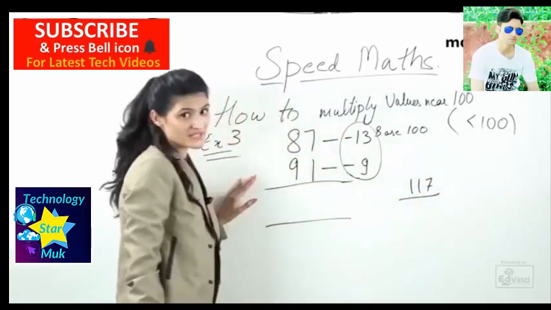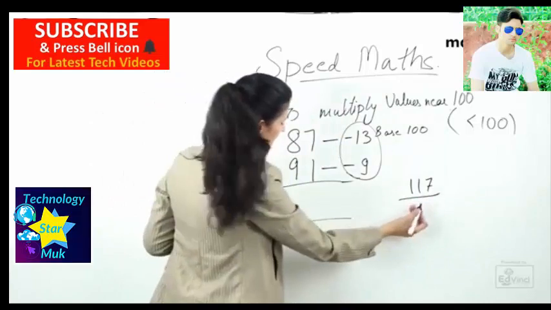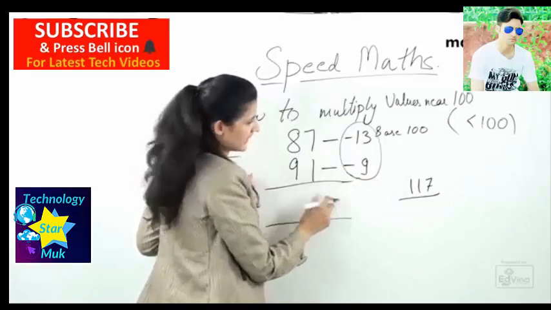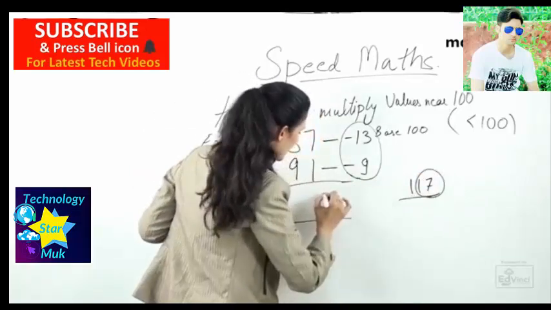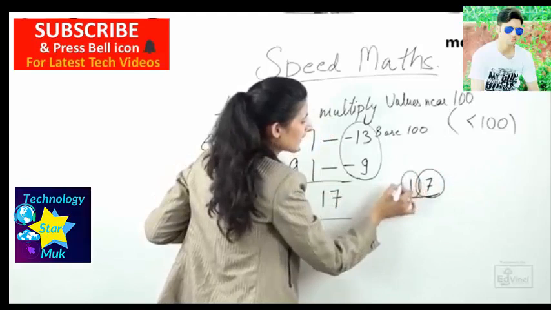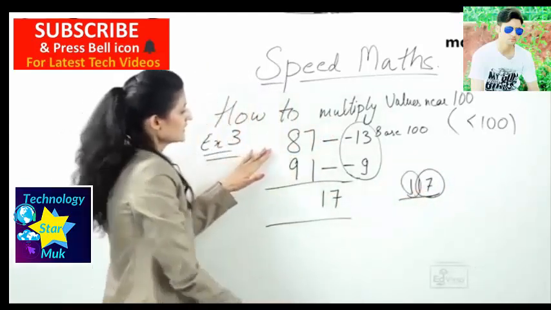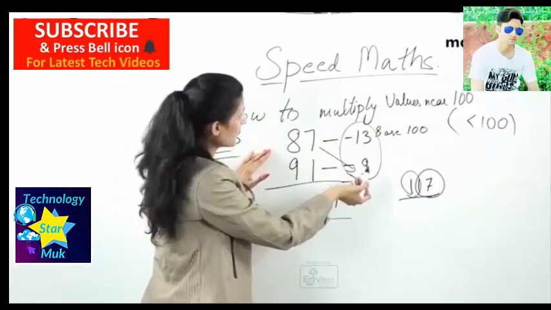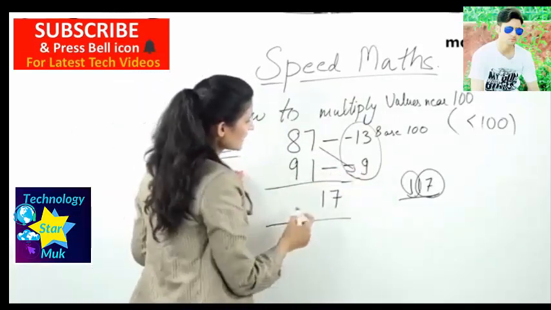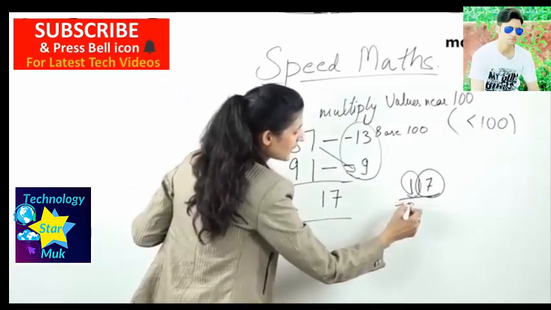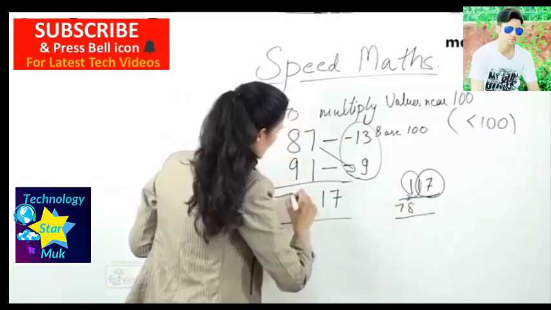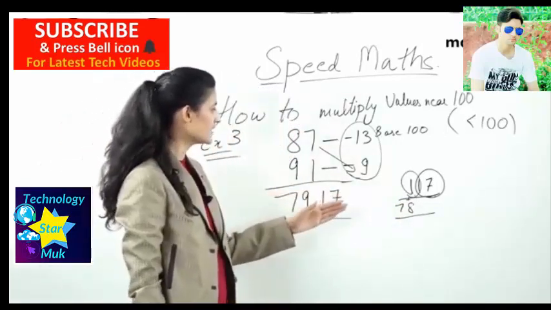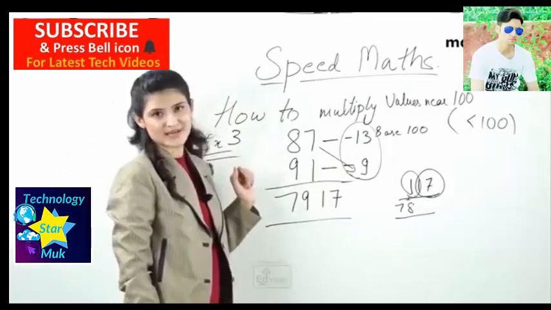As per the rule we have discussed earlier, the answer should always be 2 digits, so it gives only the 2 digits 17. We're going to put 17 here, and this one we're going to carry. Step number 4 is the cross addition. As we have a negative value, we are subtracting it. So the cross addition gives us 78, plus the one carry forward, which is 79. So our answer is 7917 for the multiplication of 87 into 91.